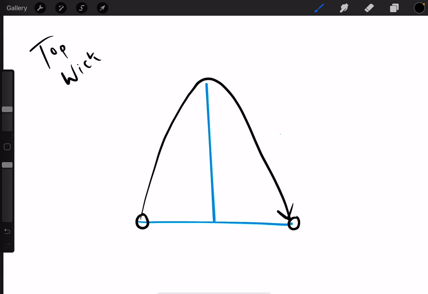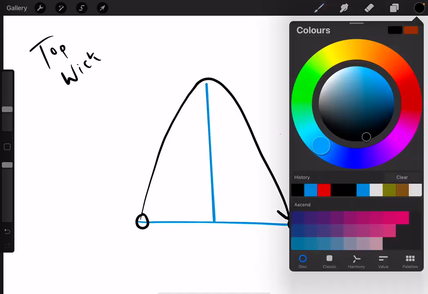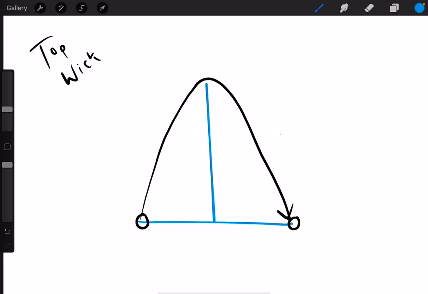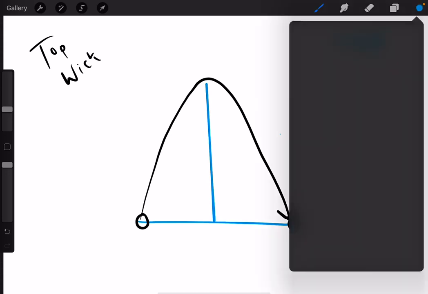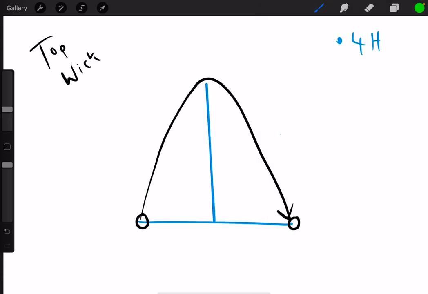Now, what is happening in this wick? As I said, it's a series of candles from a different time frame. Let's say the blue is the 4 hour, and the green is going to be the 1 minute. So candles are going from here.